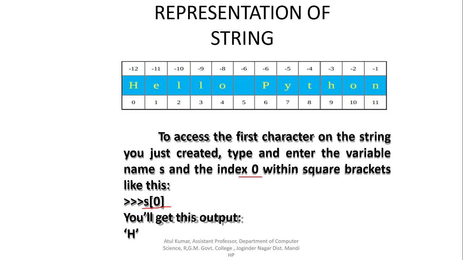When you enter this in your Python script or Python interactive mode, it will print h, because at index 0 we have the character h. Similarly, suppose you want to access the element at the 6th position, then it will print P, because at the sixth position it is a P.